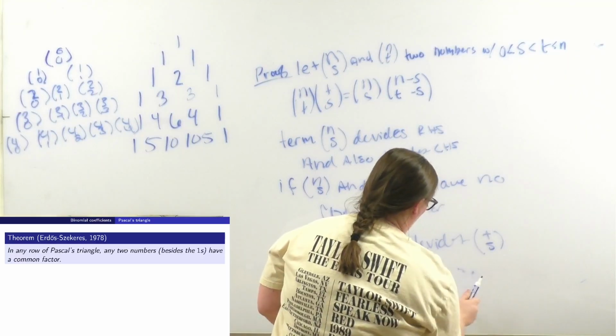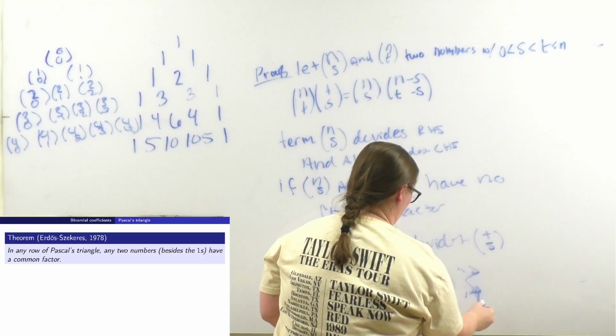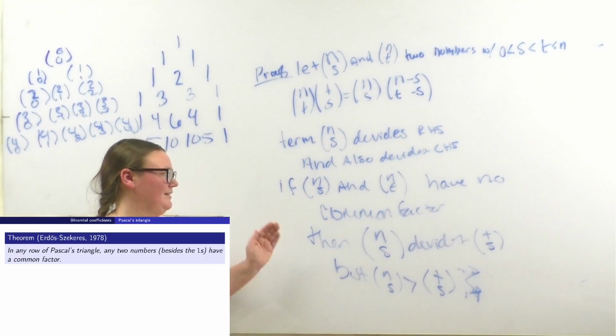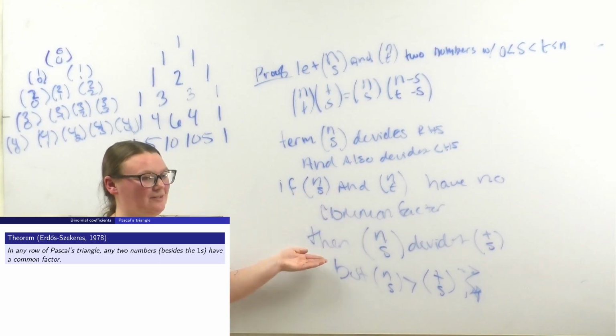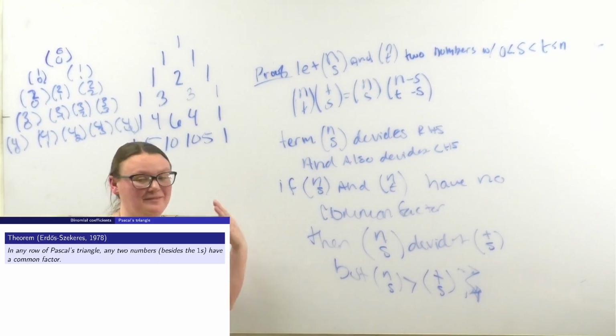We've got a contradiction. It's supposed to divide two things and it doesn't because they don't have any common factors. So therefore, this doesn't work.